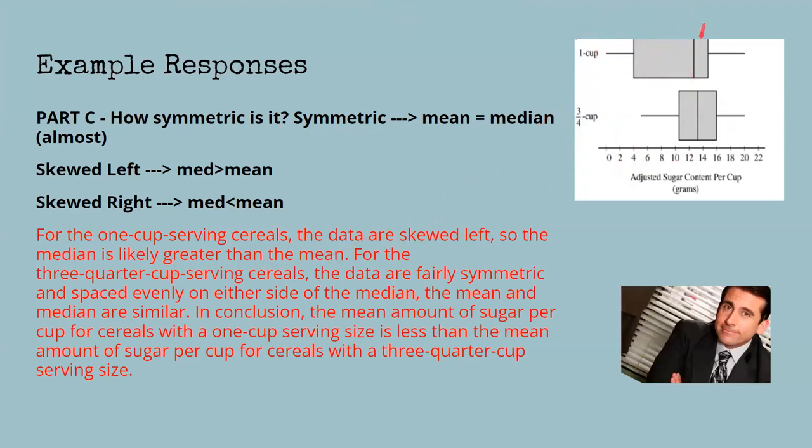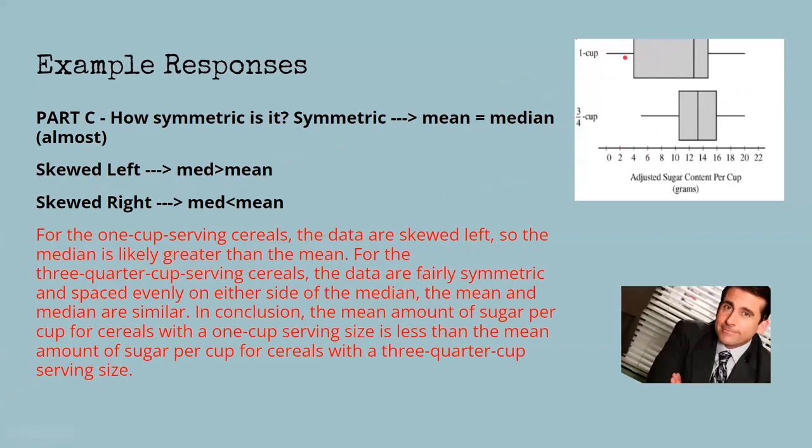Well, look, the median's all the way over there, so it's likely greater than the mean if it's skewed left. That's something you need to remember. But for this one, it's fairly symmetric, so we could say that the median and mean are similar. In conclusion, if the median is greater than the mean, then the mean is likely smaller for this one.